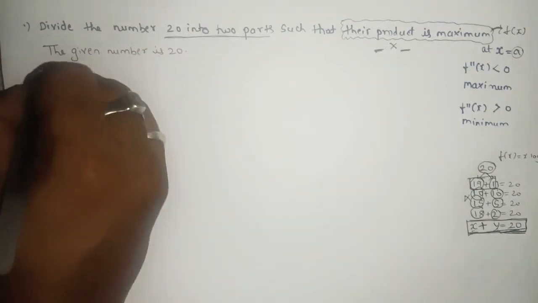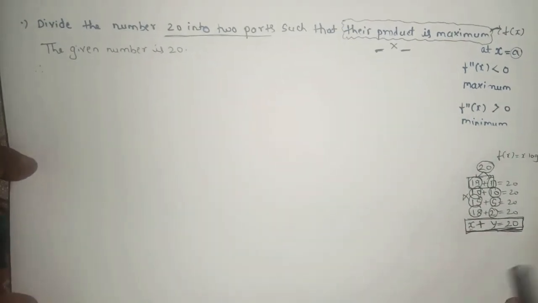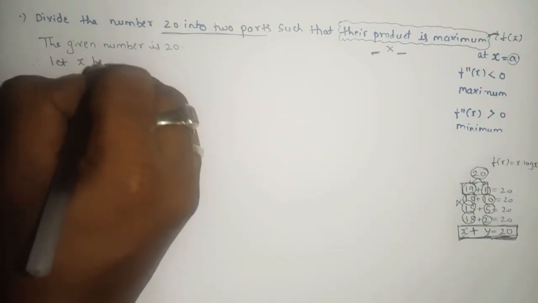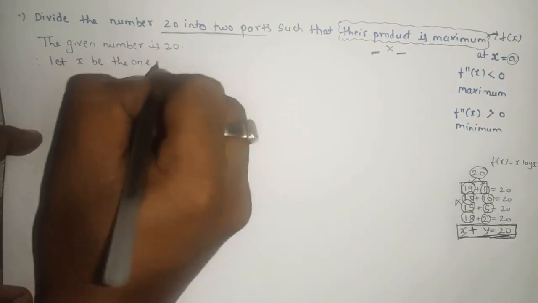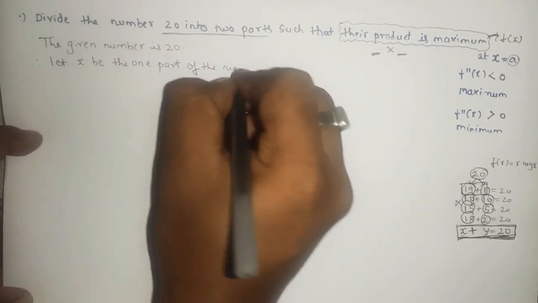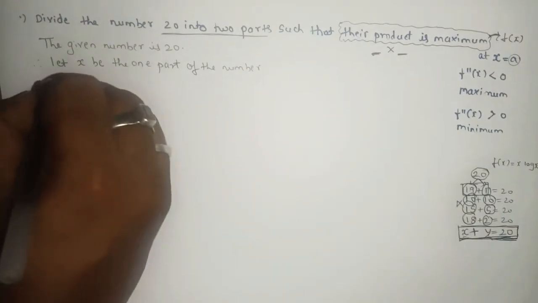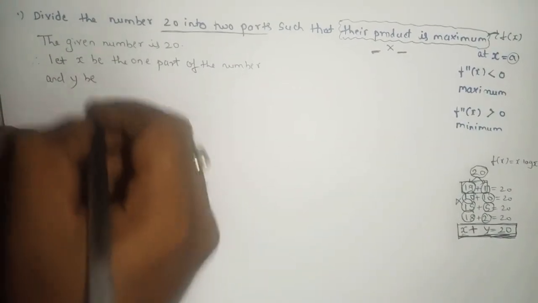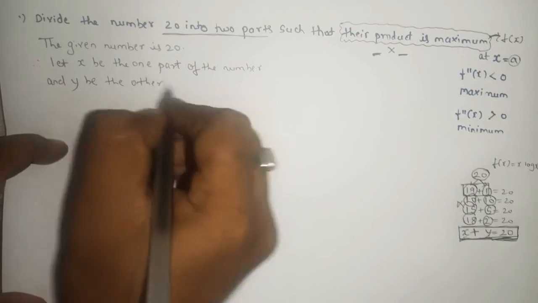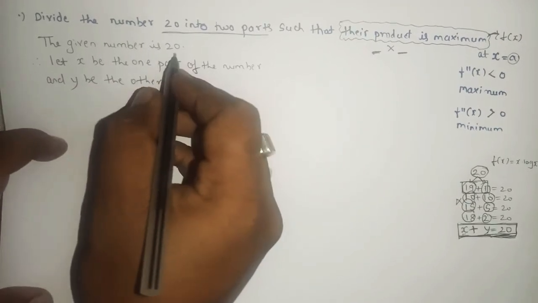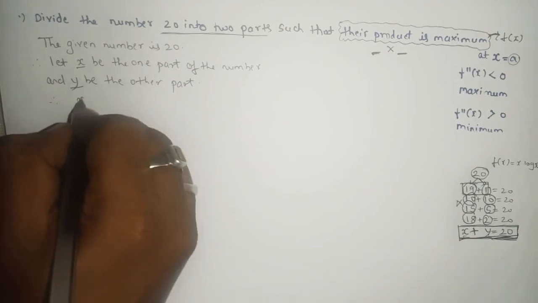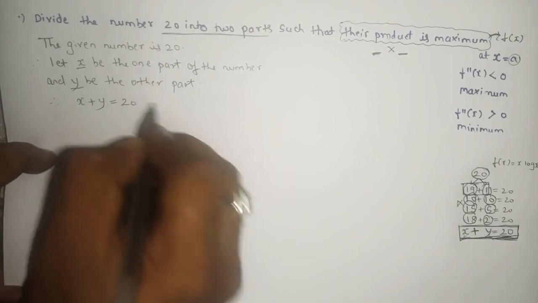As we'll take the first part as x and the second part as y, let x be one part of the number and y be the other part. So here we divided this 20 into two parts, one x and the second one y. But as we know, its sum should equal 20.